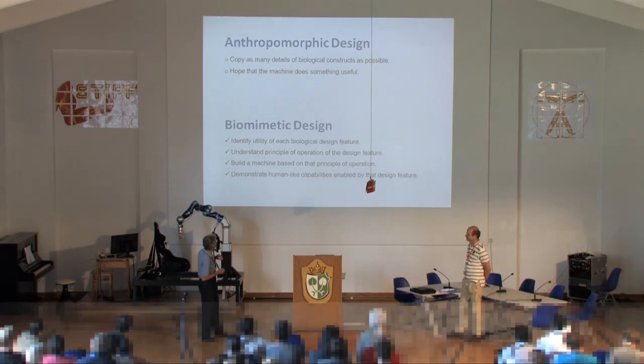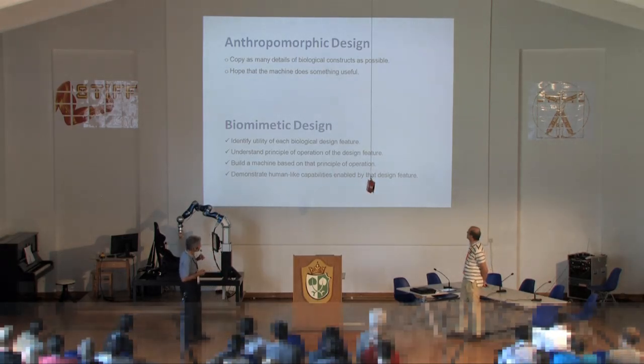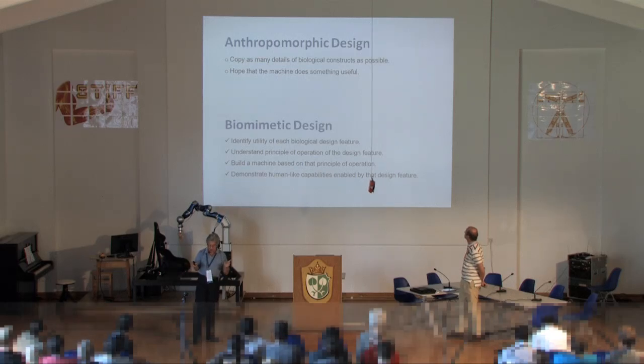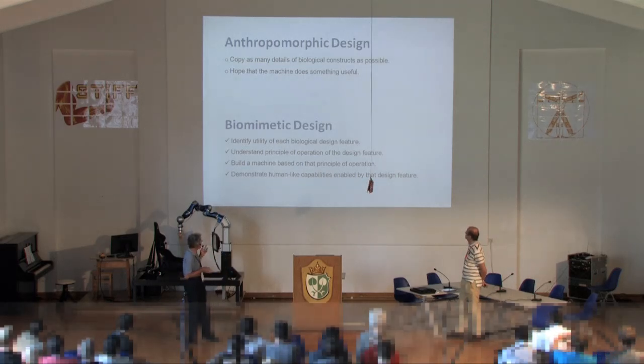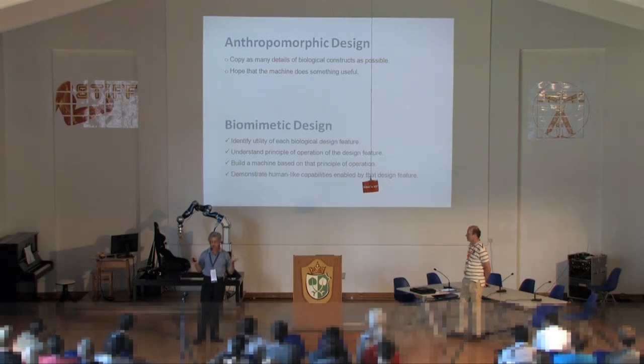But I want to leave you with two things. First of all, we like to draw the distinction between anthropomorphic design and biomimetic design, and I suspect most people in the room have a similar view. Anthropomorphic design is where people just try to make it look exactly like the biological system and hope that that's somehow useful.